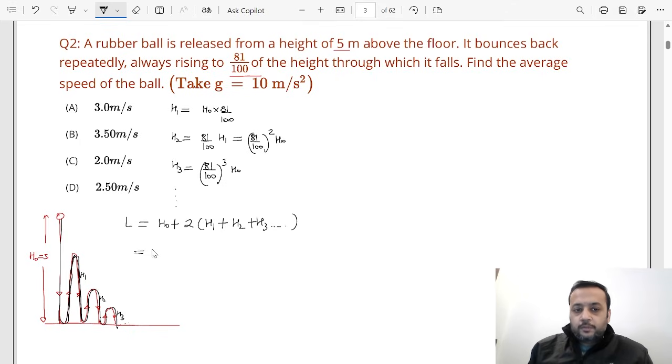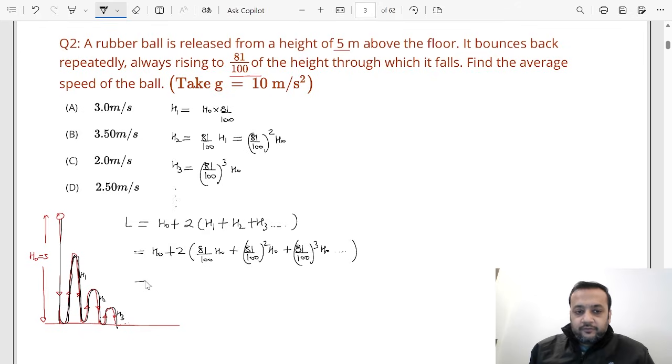All right. If I put the value of h1, that is 81 by 100 h naught, then h2 will be (81 by 100) square h naught, then h3 will be (81 by 100) cube h naught. So this process will go on.